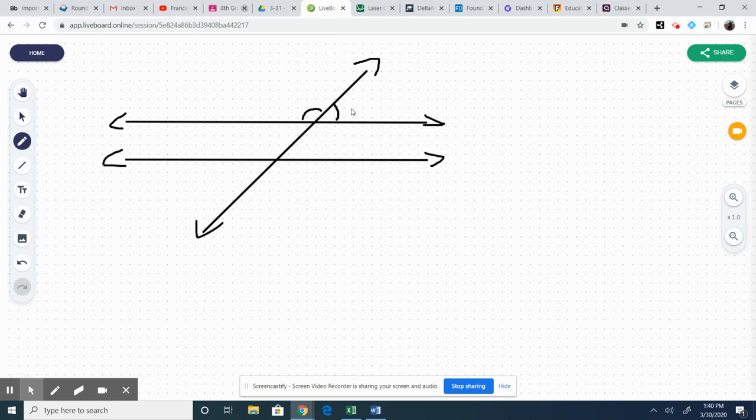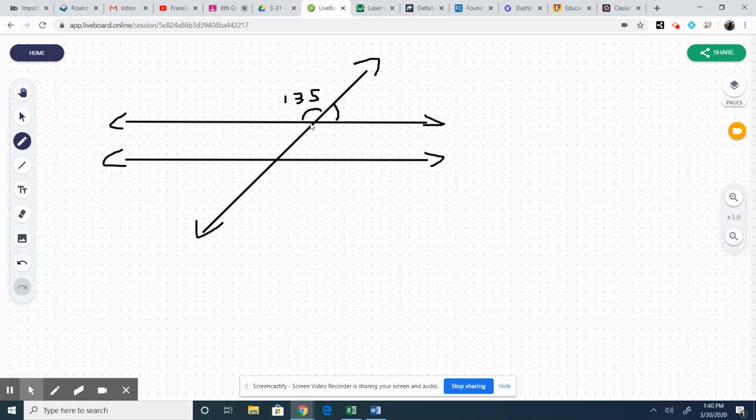So in this case, let's just say that we have 135 right here. So 135, because this is an obtuse angle, would go right here. So based on that, 135, we would need to find what this small angle is.